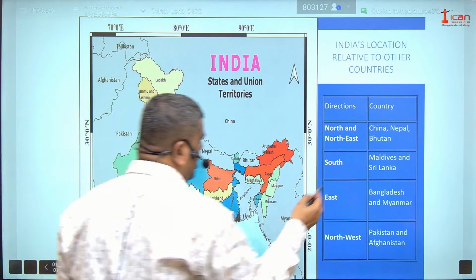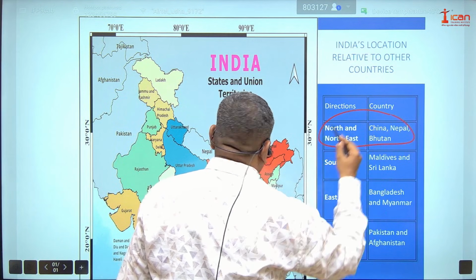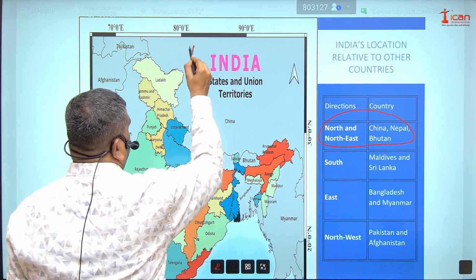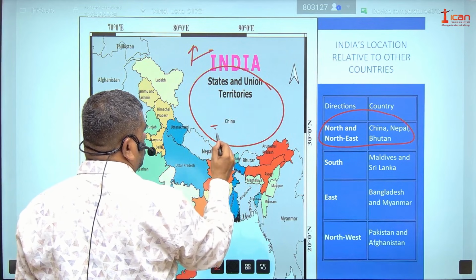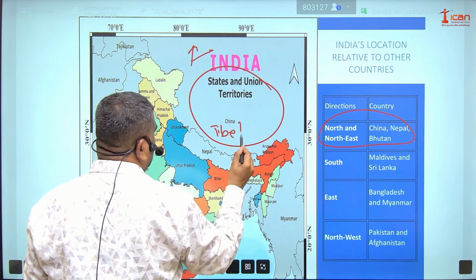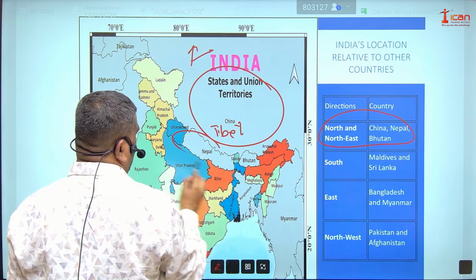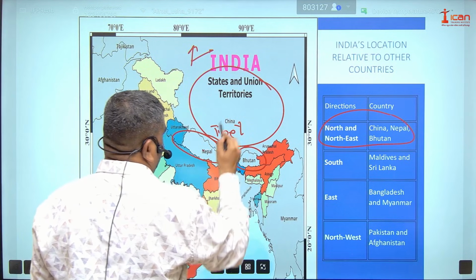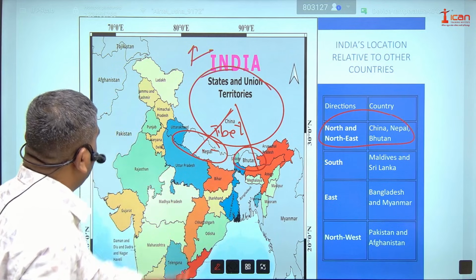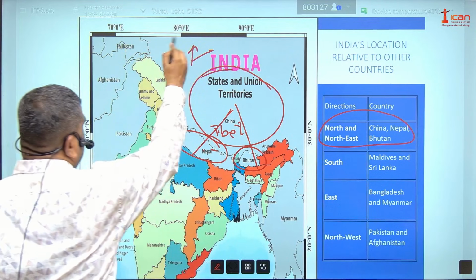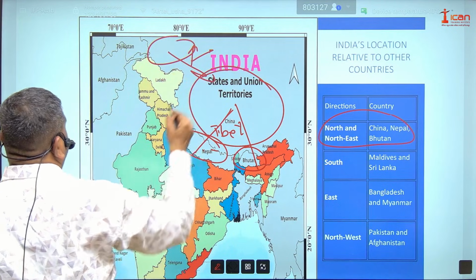So let us look at north and northeast. So north, this is north and this is northeast. In the north we have China, we have the autonomous region of Tibet also here. Then we have Nepal and Bhutan. These are the three countries that lie to the north and northeast. So exact north there is China. Here it is still China, right?